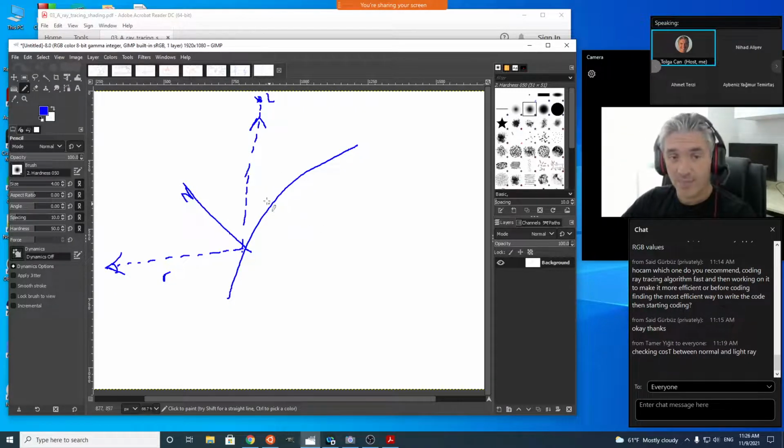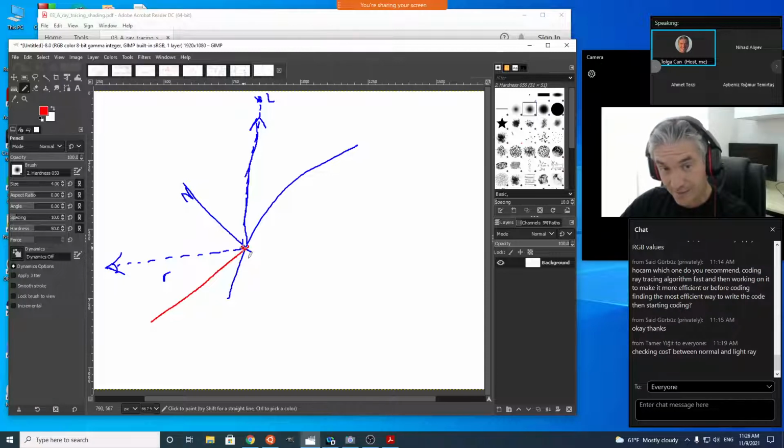Now, the specular component is used to model mirror reflections. The Lambertian model, the diffuse model, assumed this incoming light ray was reflected in every direction, right? Now, the specular model tries to model the light ray that is actually reflected in a specific direction.